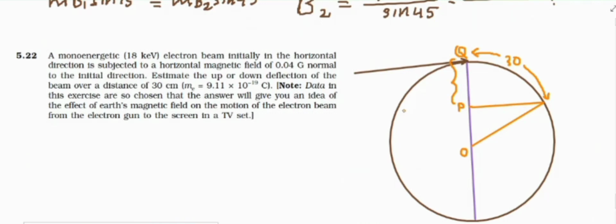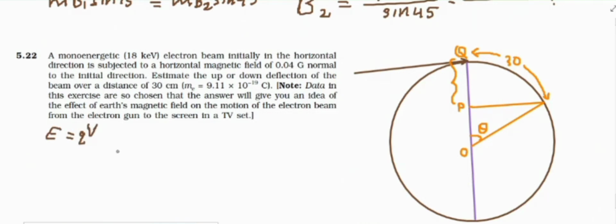Now, how can you calculate QP? That is what next we have to see. So here, this angle you can take theta. Okay, let's start now. First of all, we can take energy is equal to QV or EV, then V capital V, 18 kilo electron volt.